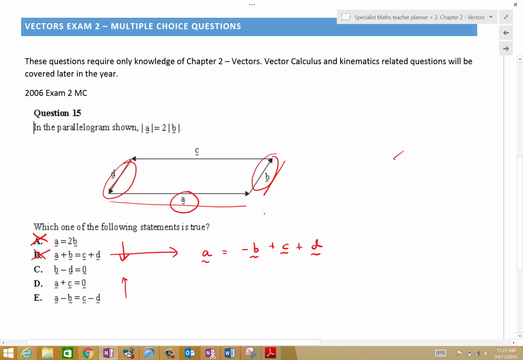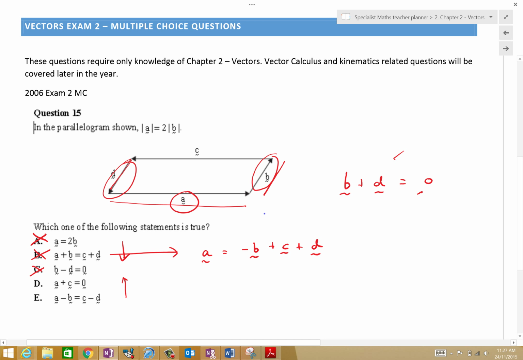Well, that can't be right, because isn't vector B plus D equal to 0? Because they're the same vector, just in opposite directions. Okay, so same magnitude, opposite directions. So B plus D is equal to 0. So therefore that is incorrect.